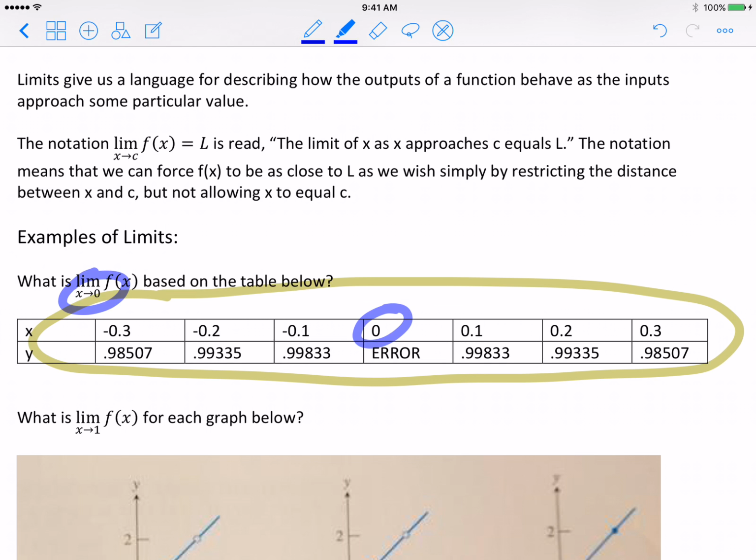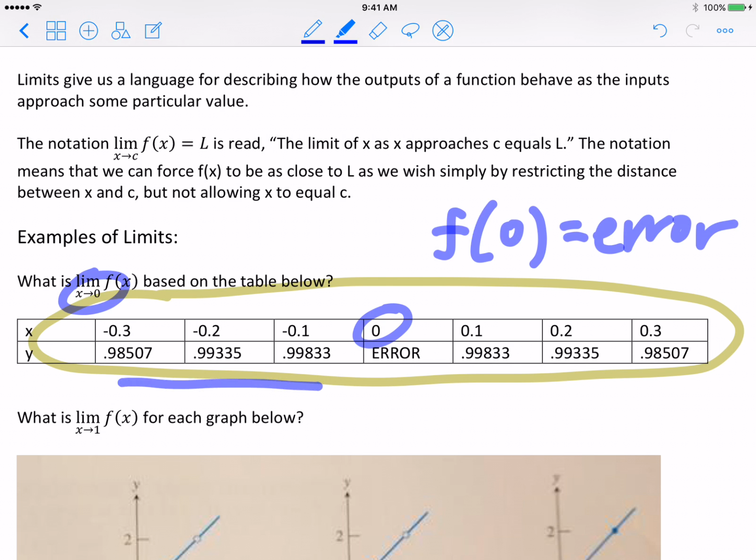Even though at f of 0 what we have is an error, that doesn't tell us much. But if you look at the pattern from the left side and from the right side, what number are they approaching? You could argue that the limit is 1 just based on the data and the pattern that you have.